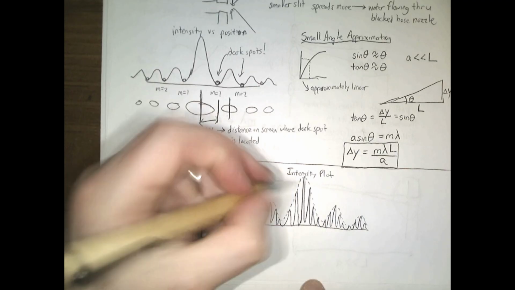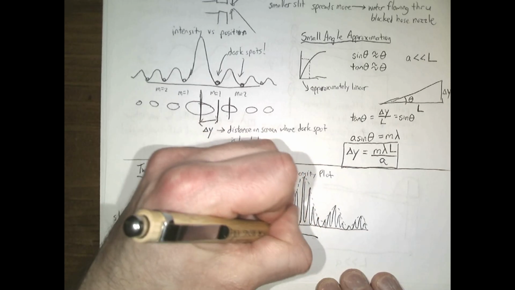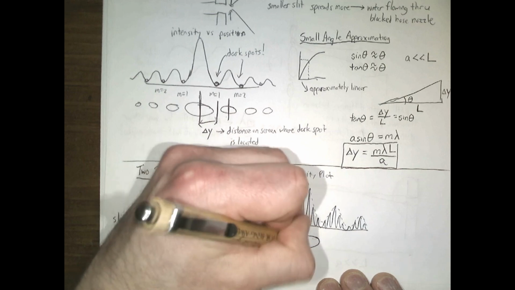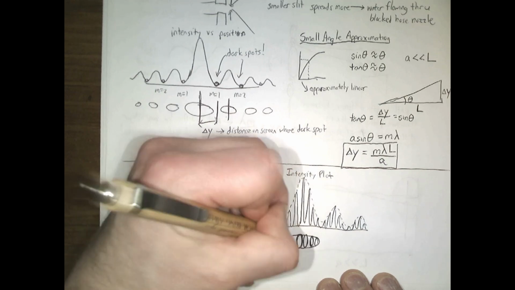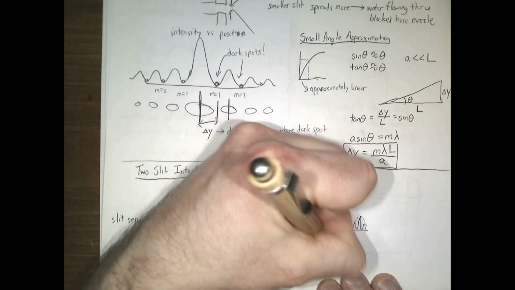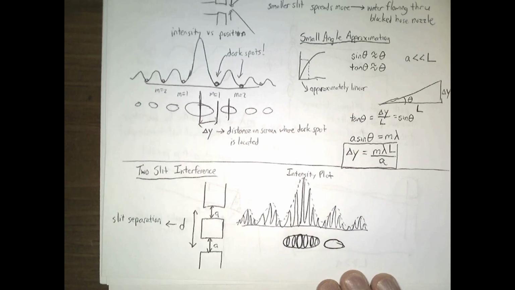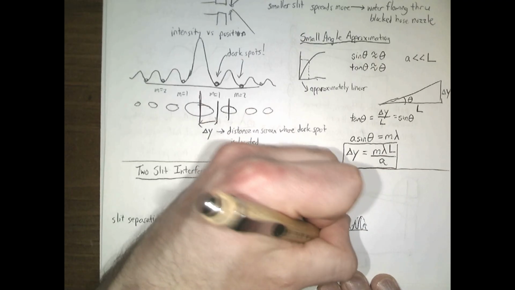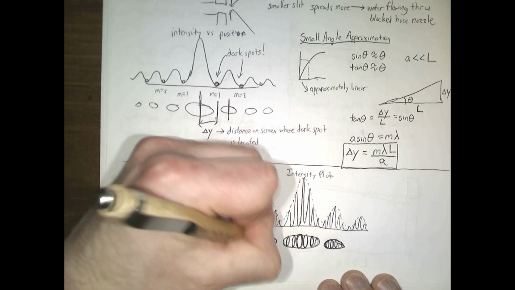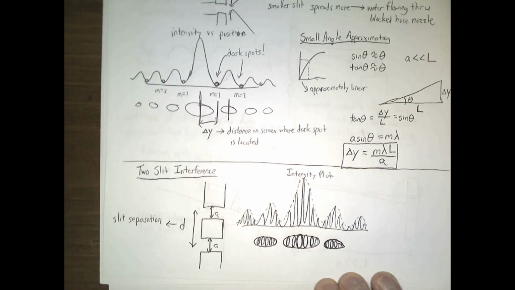So if you zoom in, what you would see on the screen is these blobs, but they're subdivided into finer structures where each of these smaller peaks are. This next blob would be like the first bright diffraction spot, but again there would be finer structures there.